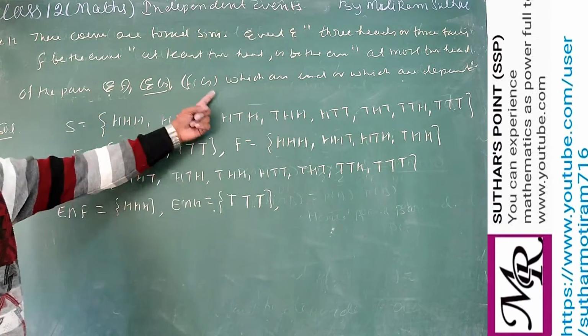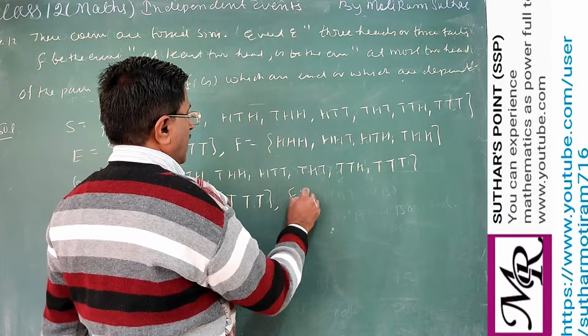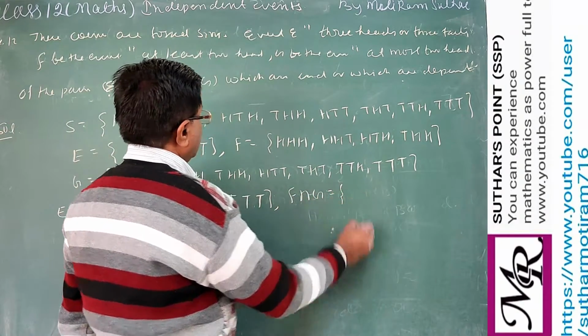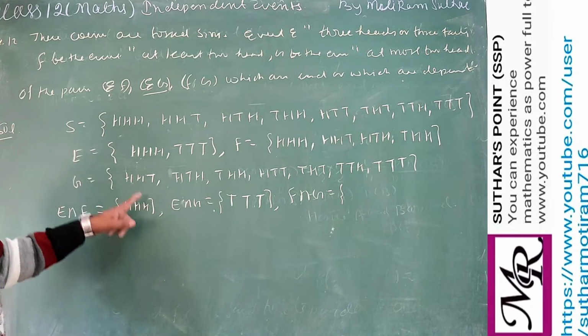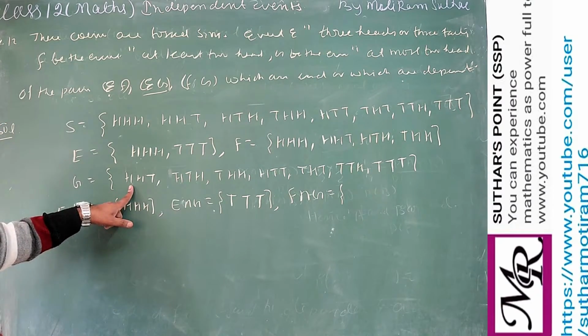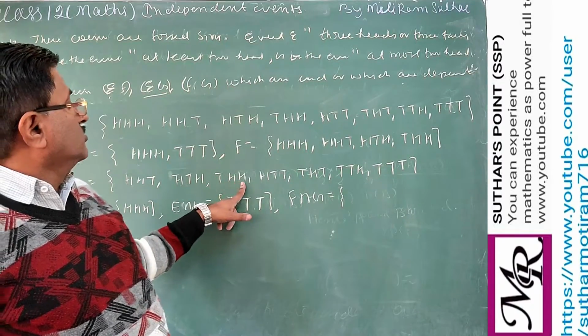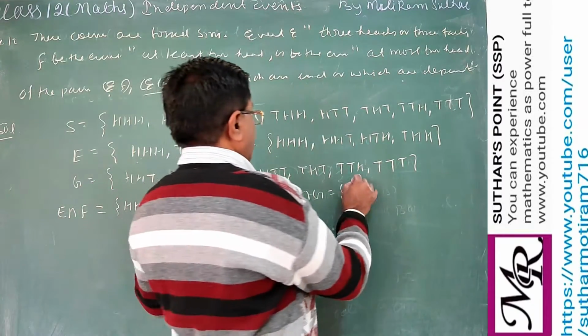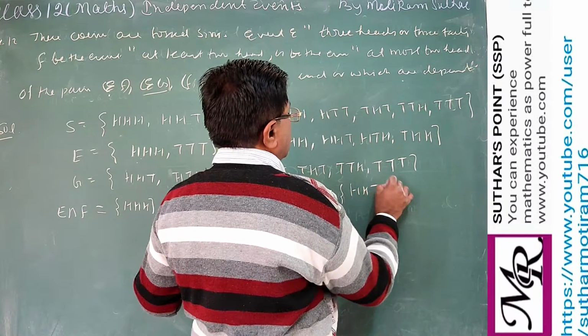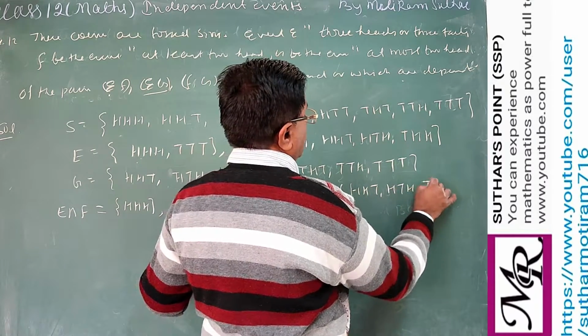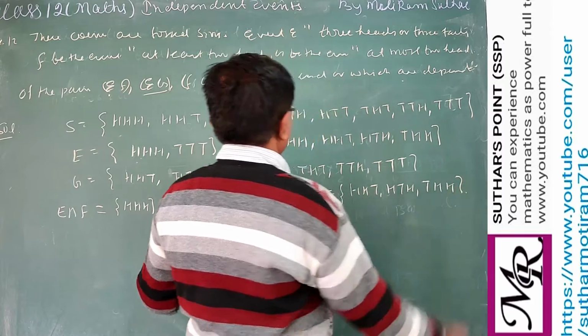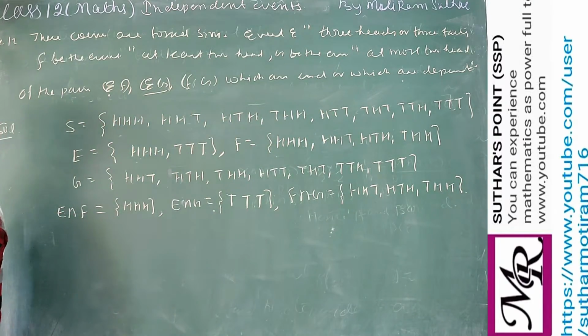Then common to F and G, F intersection G: there are 3 cases common, HTH, THH and HHT. These are common.